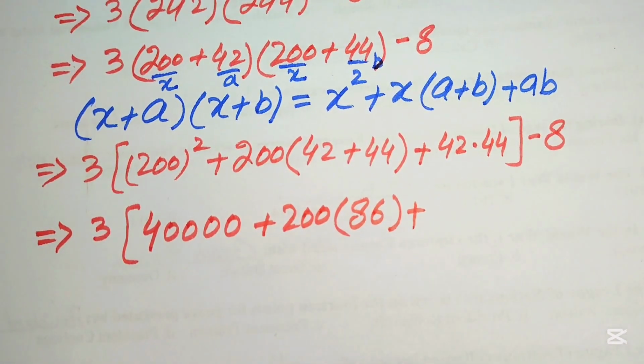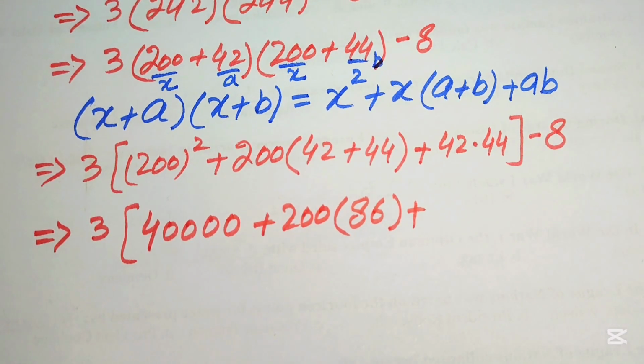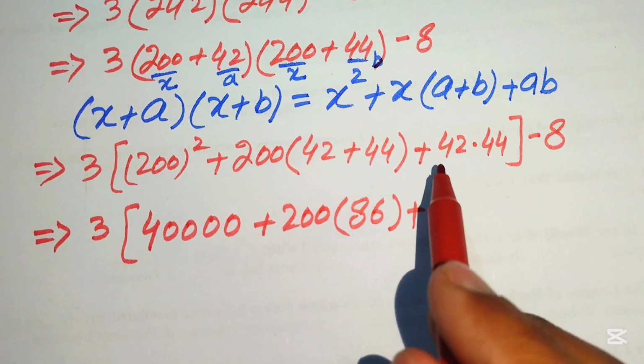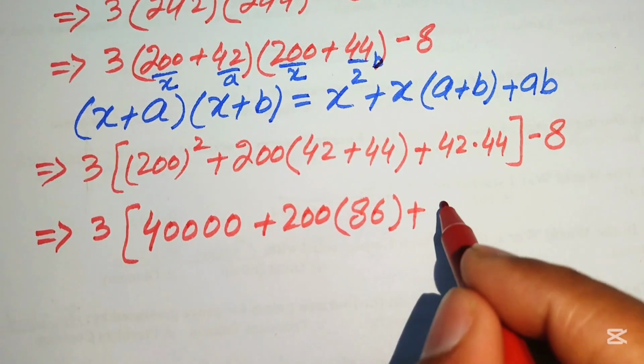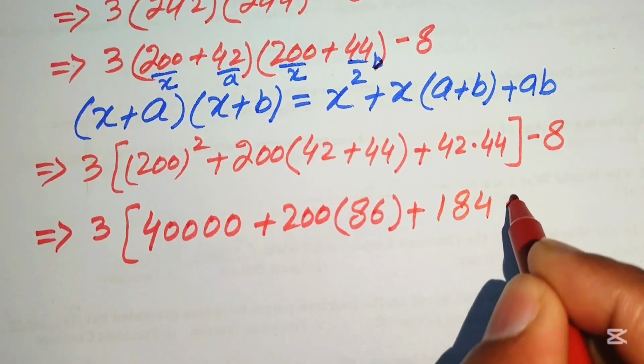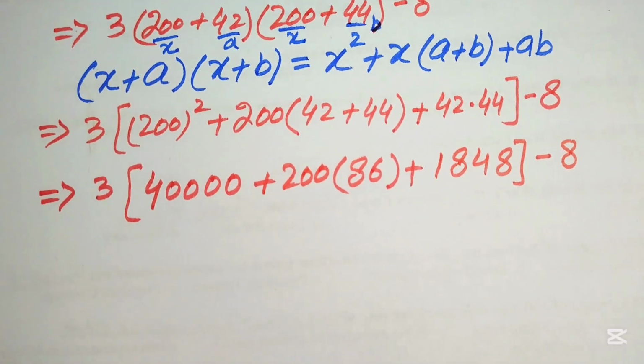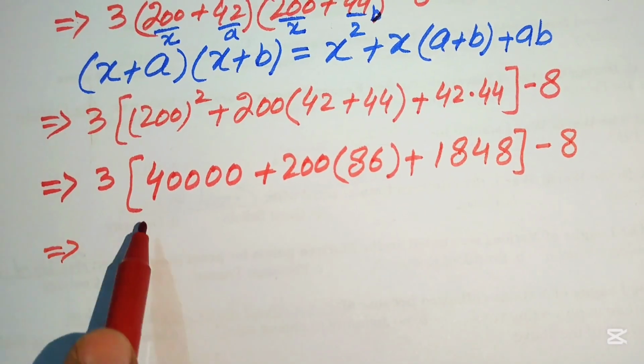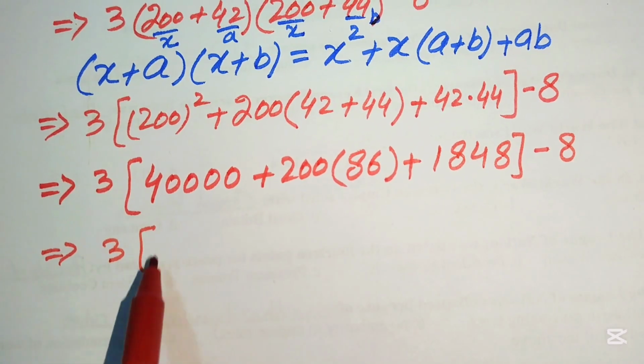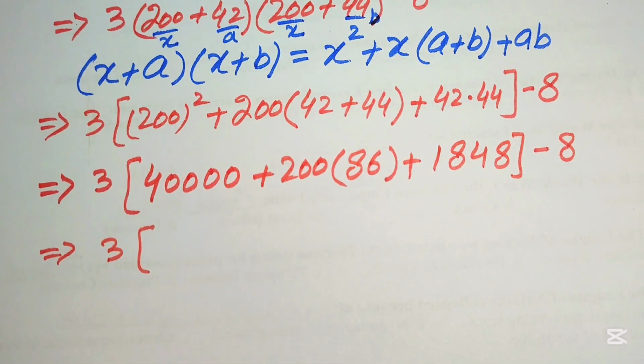And plus this is we have 42 plus 44 is equals to 86. And similarly here you can just apply the traditional method of multiplication in order to find the product of 42 times of 44. So when you multiply these two numbers, it will become 1848 minus 8. Okay, so here first we need to simplify the terms inside this square bracket.